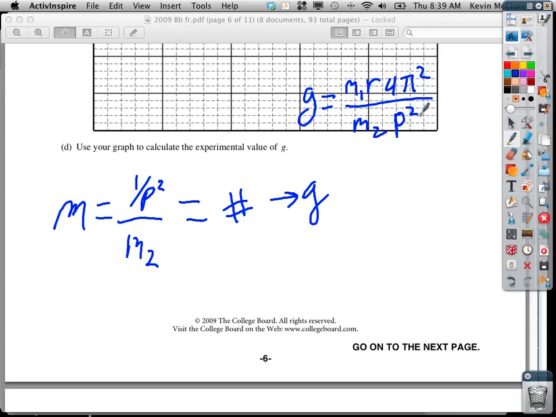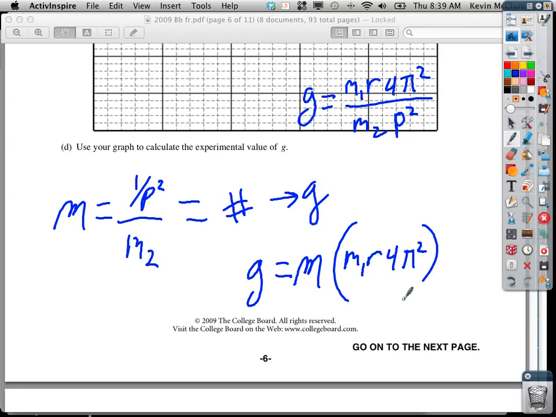Remember that? So then all you have to do is multiply. G should equal the slope times M1 R 4 pi squared. You see that? All you have to do is take that slope and multiply, and you're good.